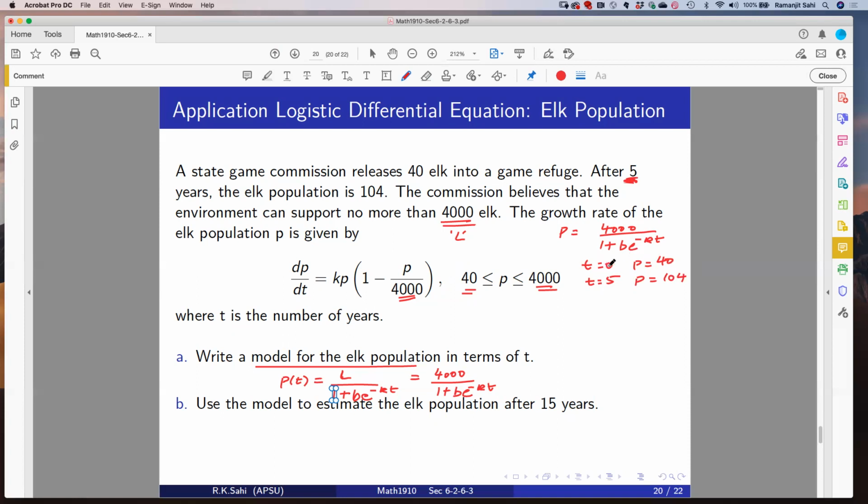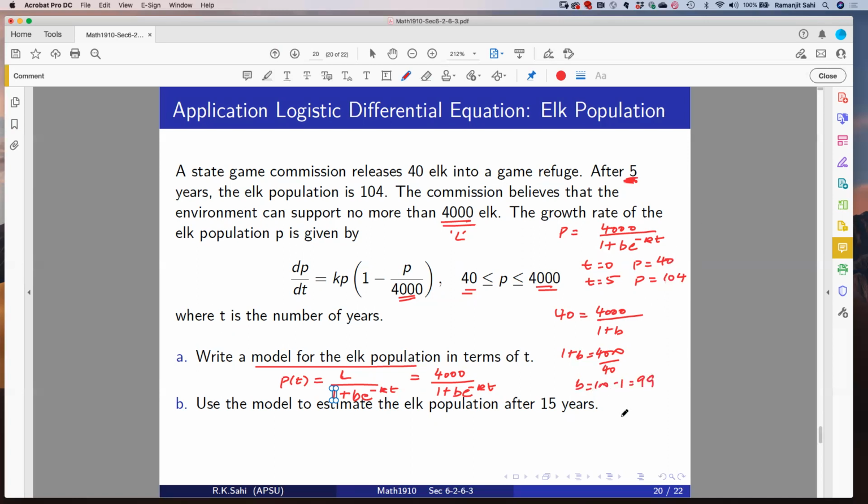Okay, so let's go ahead and substitute here. So P is 40 when t is 0. It's 4,000 over 1 plus B, so 1 plus B is 4,000 over 40, which is 100, or B is 100 minus 1, which is 99. Okay, so we got the B.